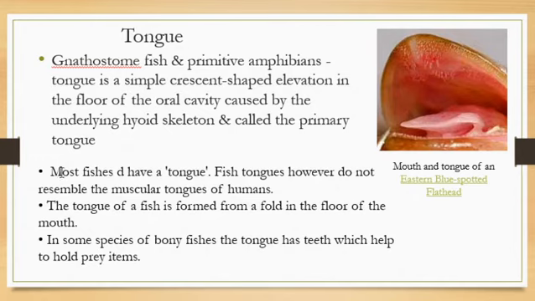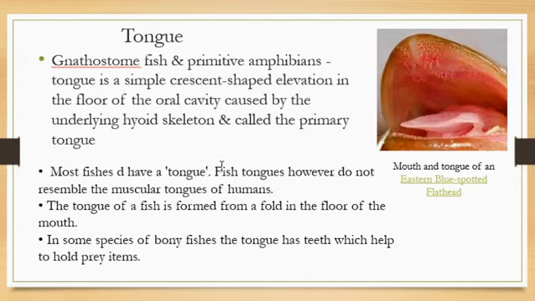In jawless fishes, or the agnathostomes, the tongue is... in some primitive amphibians, the tongue is simply crescent in shape. In amphibians, it is also muscular, ideal to catch prey.